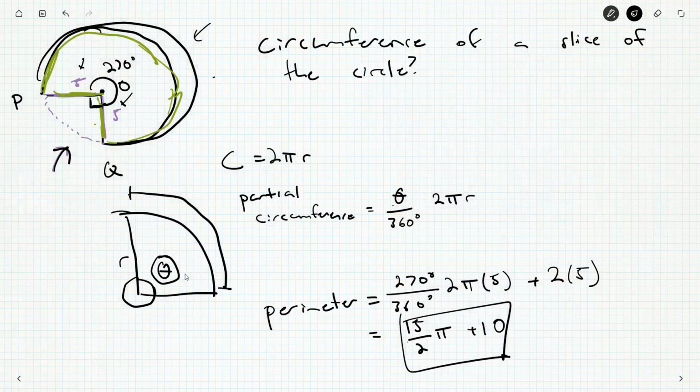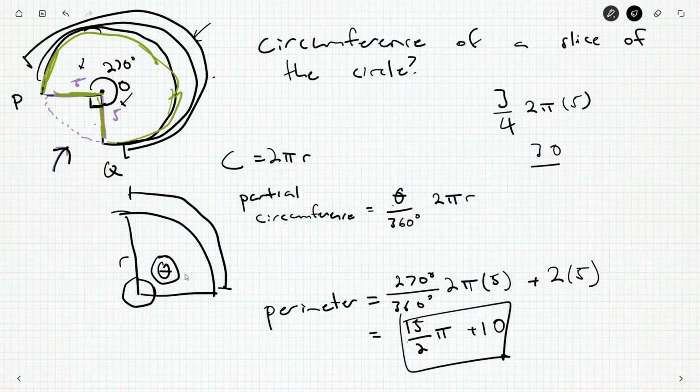Okay. So we want the perimeter of the shaded area, so I've got this full part here, which is 270. It's going to be 3/4. So 3/4 of 2 pi, r was 5, 2 times 3 is 6, times 5 is 30, 30 over 4 pi, and that is 15 over 2 pi.